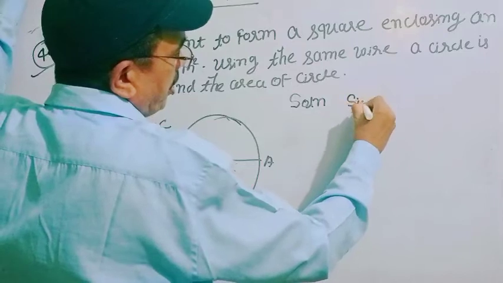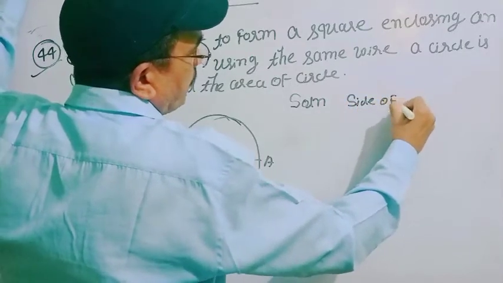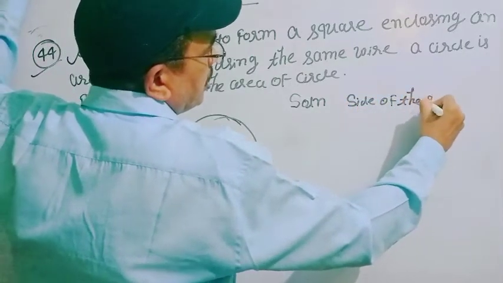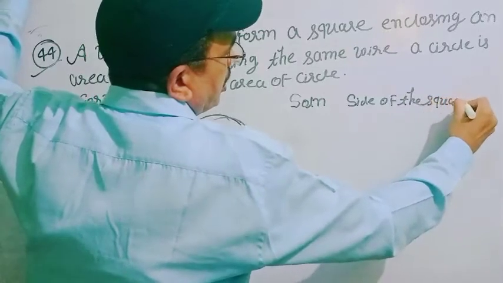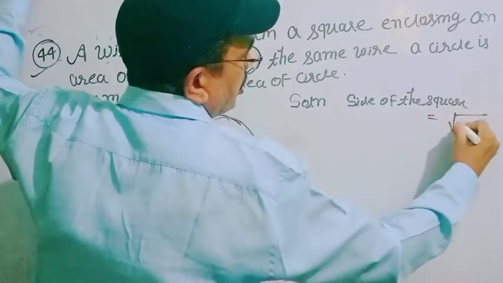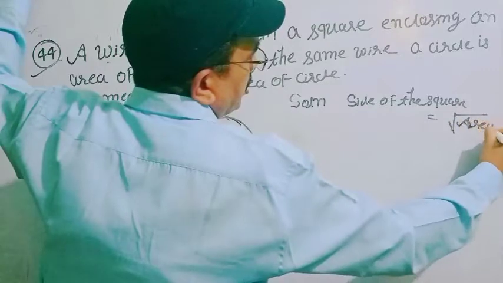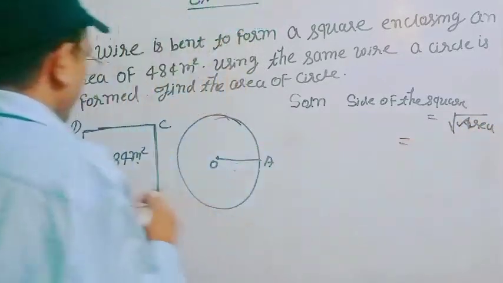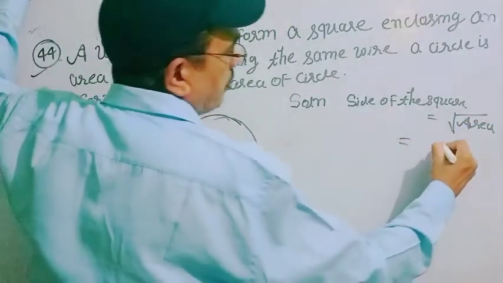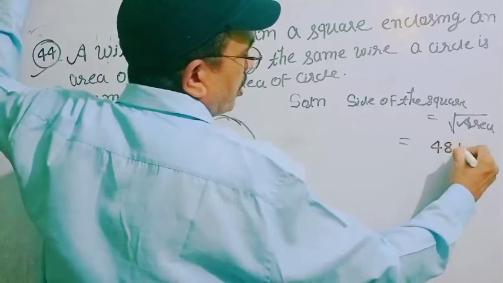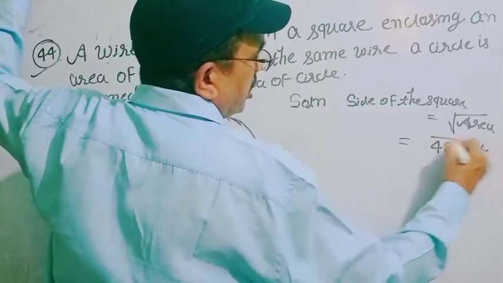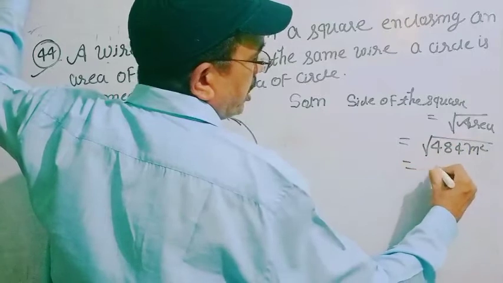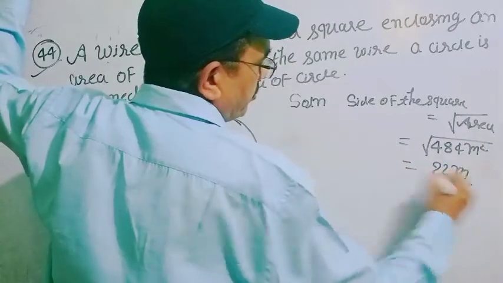So in the solution, you first write the side of the square. Side of the square is equal to under root area. What is the side? That is under root 484 meter square. It is equal to 22 meter.